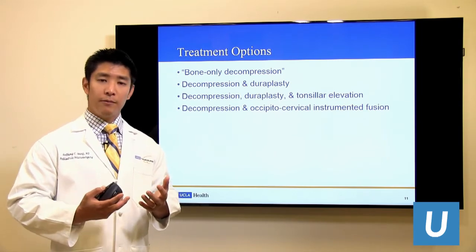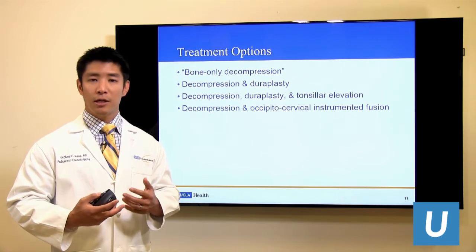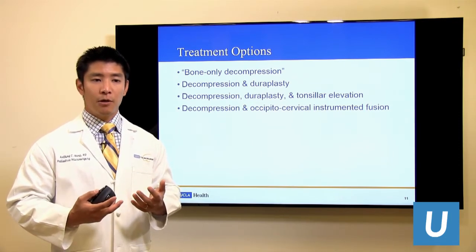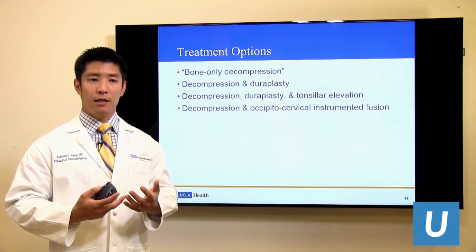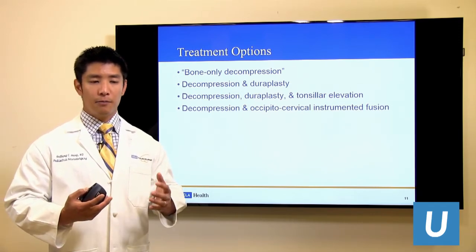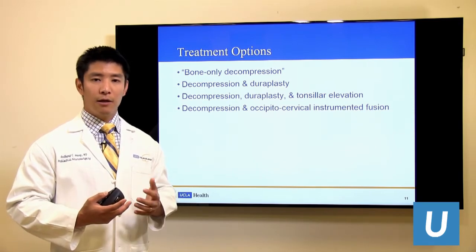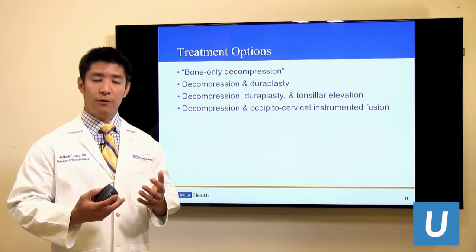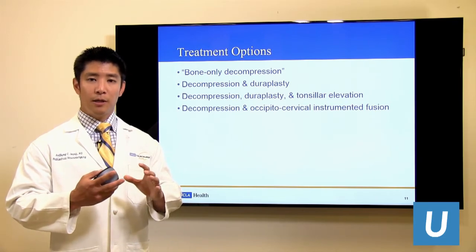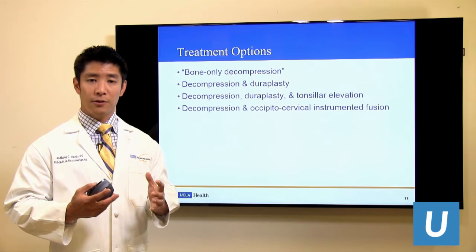Now, a lot of people will argue that the results with a bone-only decompression aren't good enough, that it requires expansion of the dura behind there, which can also constrict that space. And so, a very common approach is to take off the bone, open up that dura, and put in a patch to provide further expansion of the space.